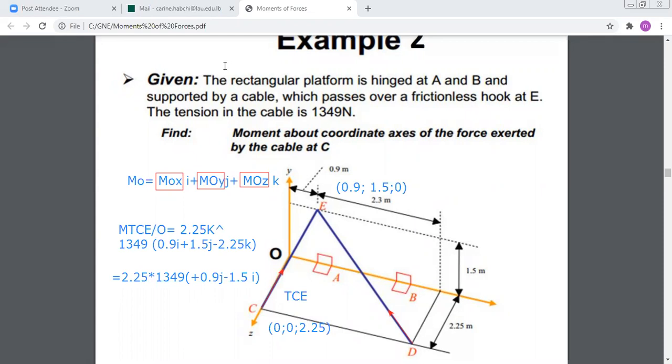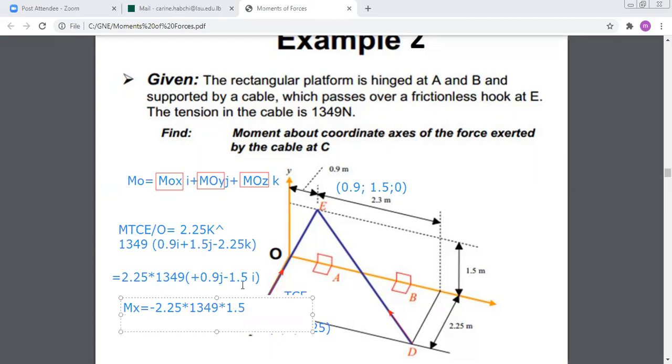So now I can deduce the moment about the x-axis. The moment of my force about X is the component along I. It's equal to minus 2.25 times 1349 times 1.5. It's a negative component, okay?